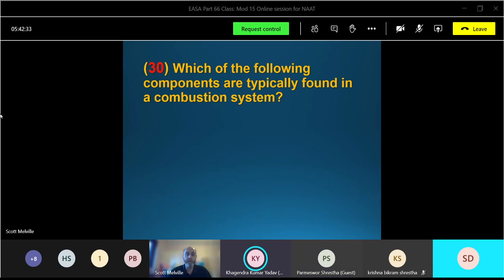Burners, yeah, you need a burner for fuel. What else would you need? Chamber. You need the chamber. And what else to make it go on fire? Igniter. Yeah, igniter. Burner and, obviously, whatever type of combustion chamber it is, some sort of flame tube. Good.